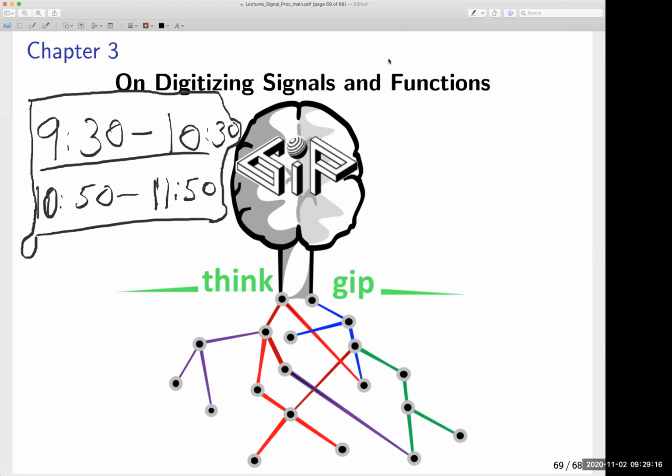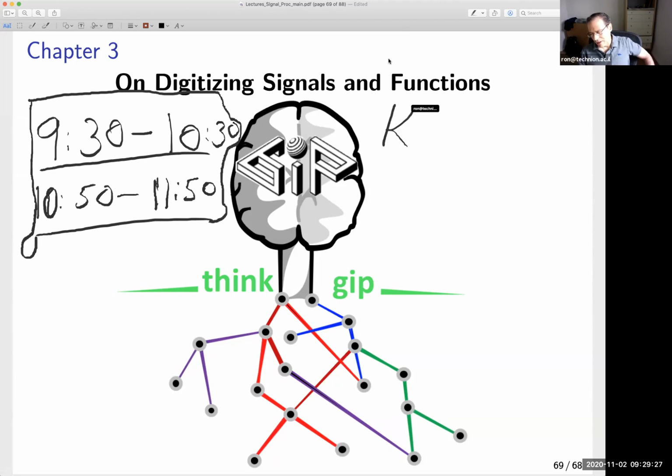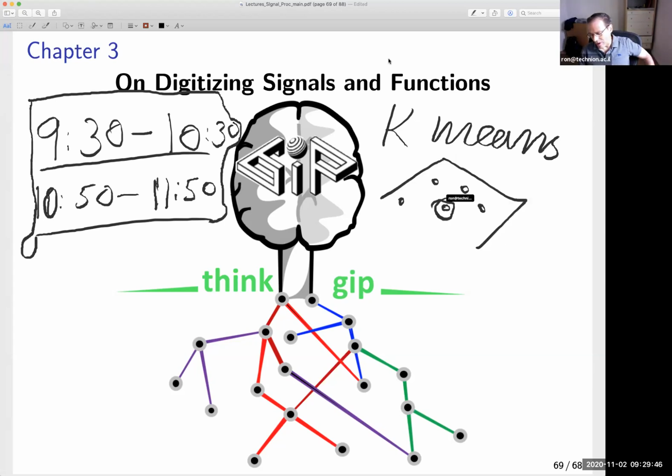If you have any questions regarding the previous lecture, please let me know. Just to remind you, in the previous lecture we talked about k-means as a way of taking points in some discrete domain and clustering them by first finding the central representative of each group, then splitting the domain to all points that are closest to this central point, and then shifting the central point according to whichever points belong to this specific group.